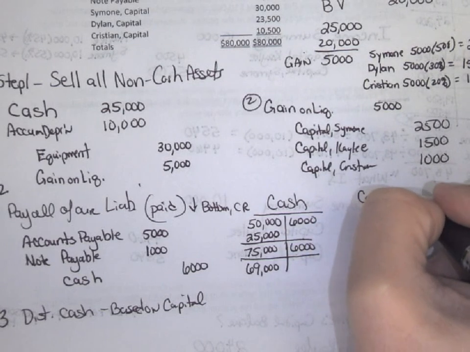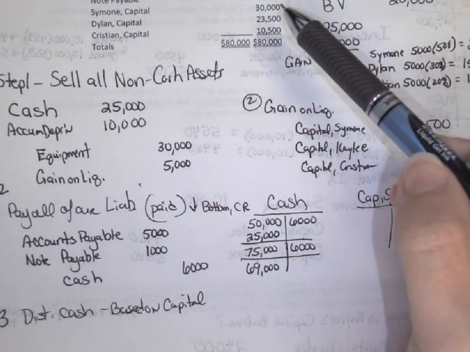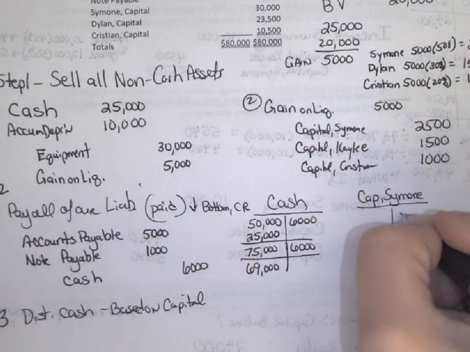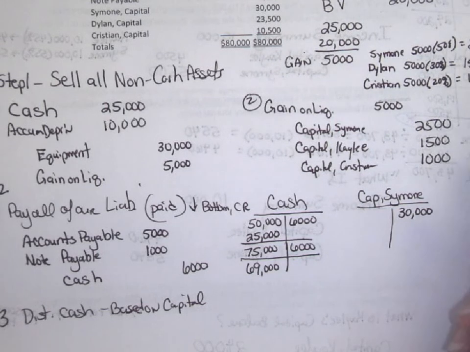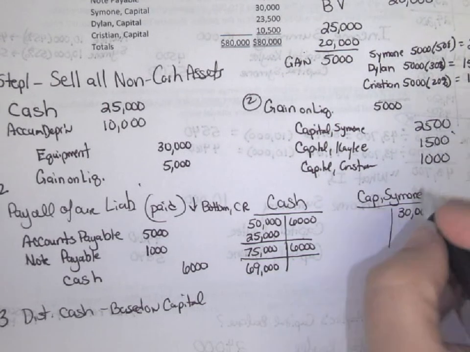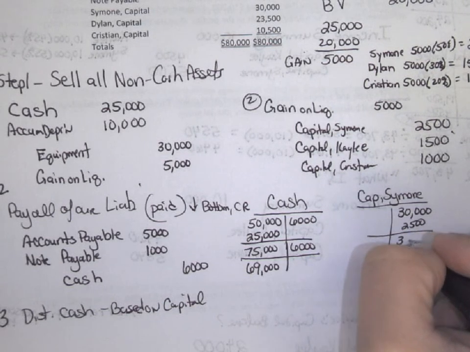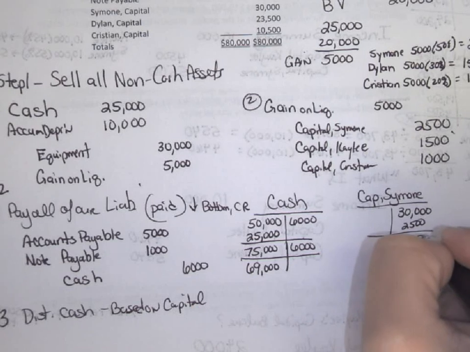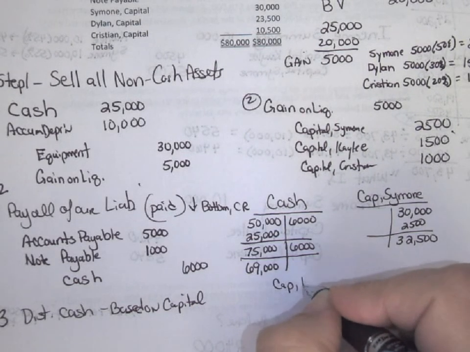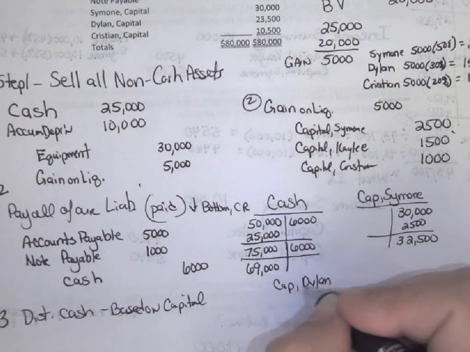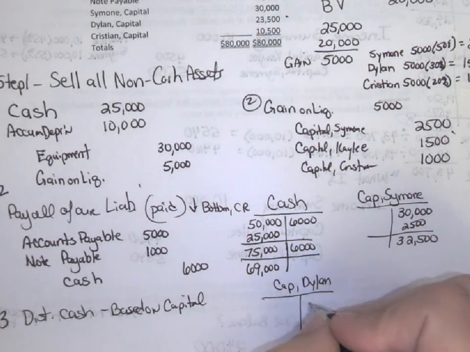So we take Simone's capital account. Simone's capital account is $30,000 according to the trial balance. That's what we're starting with. She has had $2,500 added to her account, and so her balance is now $32,500. When we look at Dylan's account, Dylan started with $23,500.